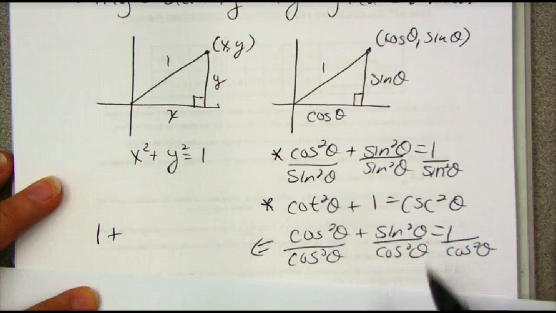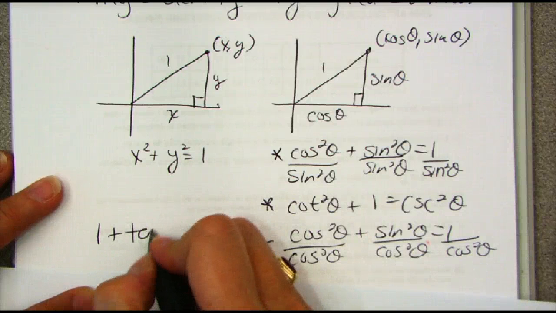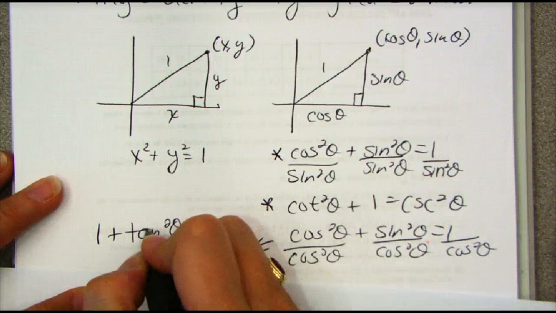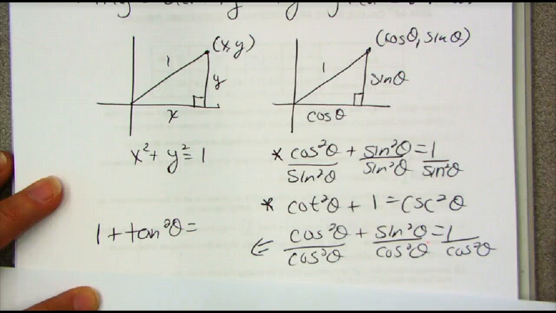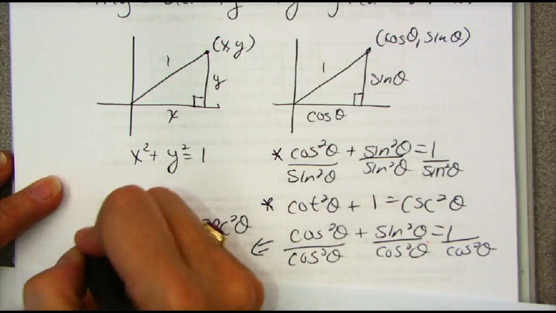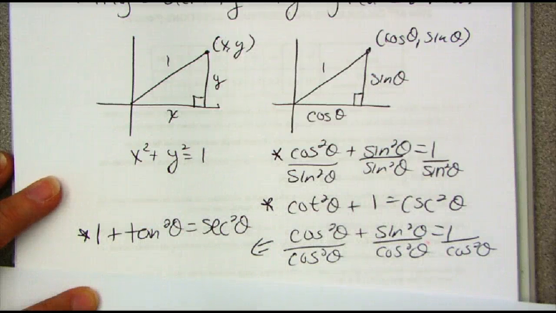Plus, what's sine over cosine? Tangent, but they're squared. So it's tangent squared theta equals what? Secant squared theta. There is my third trig identity.